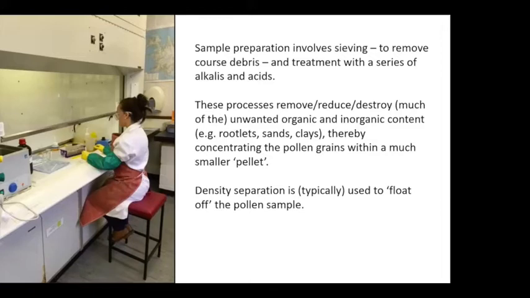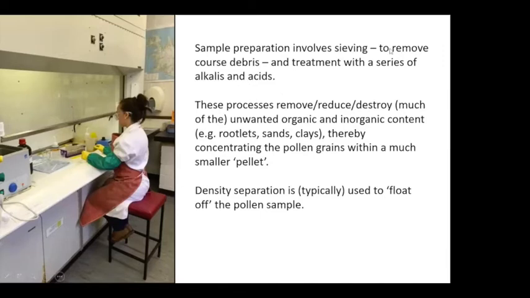If you've ever squeezed a lump of peat and seen that dark brown water running out, that is containing the liquid products of decomposition, the humic acid. So that's what the sodium hydroxide does.